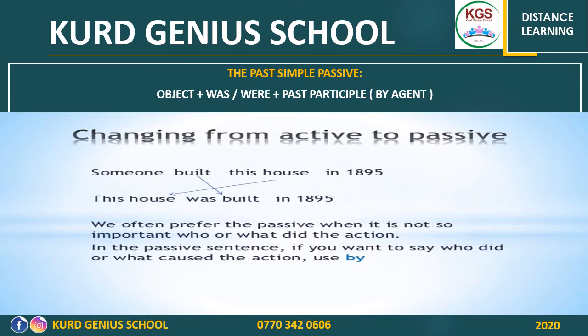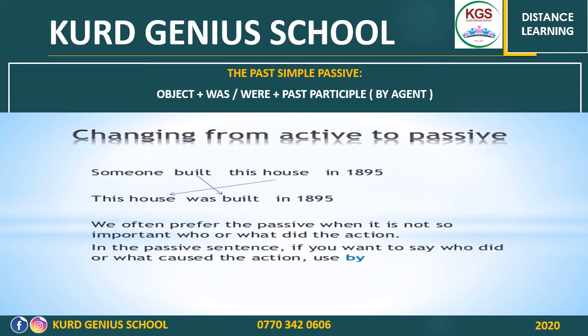Now in this slide, I'm talking about the past simple passive, one of the tenses of passive voice. I talked about it before when I was explaining how to make passive sentences, but now I'm explaining this in detail.